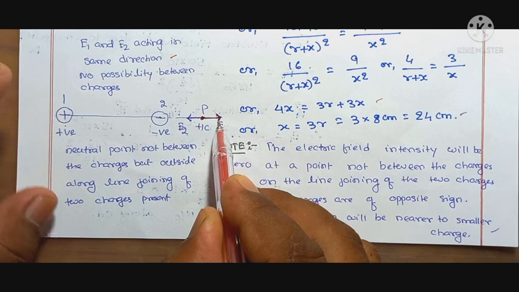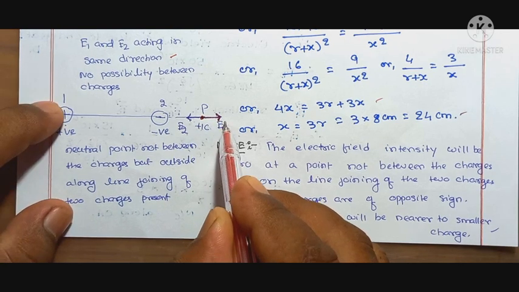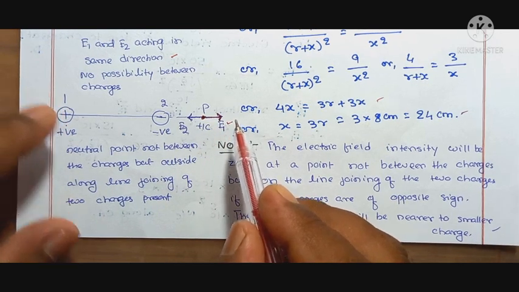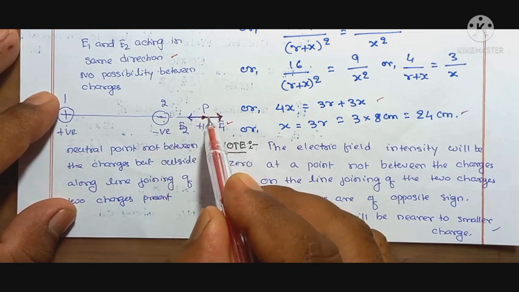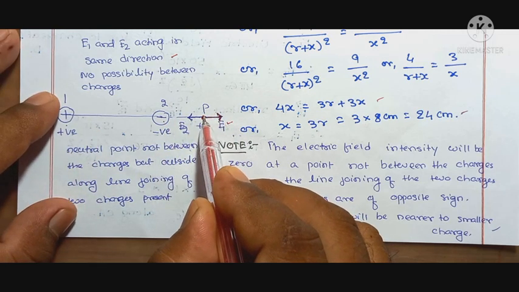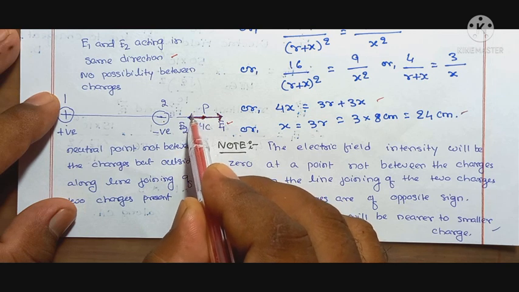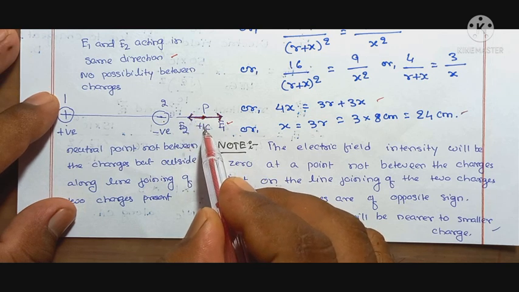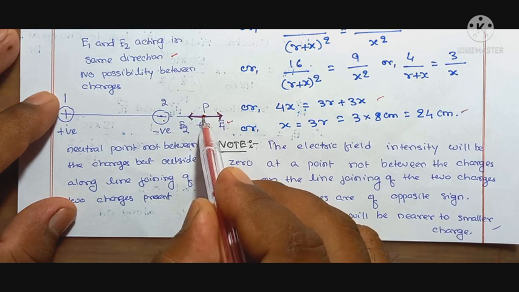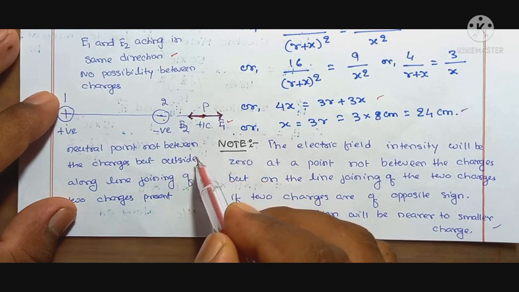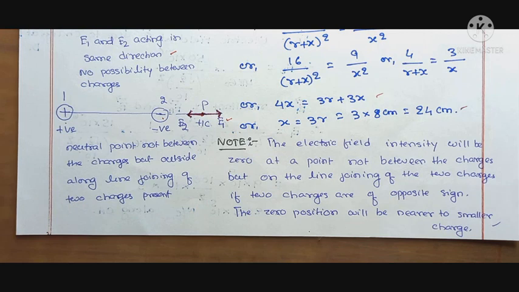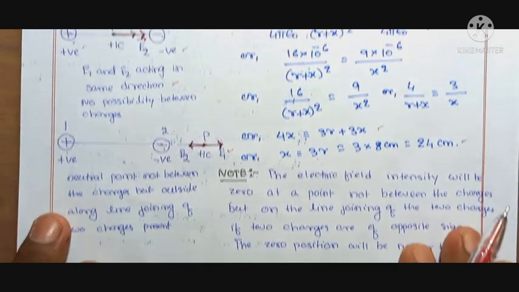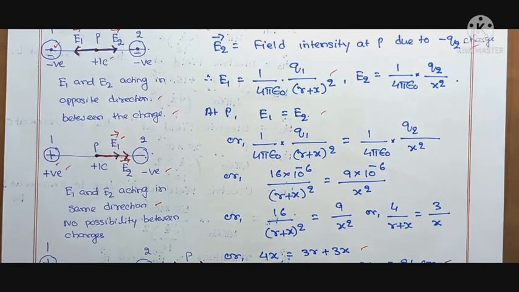So electric field intensity due to this positive charge E1 will be from left to right. This is negative charge, so this +1 coulomb charge will move towards this negative charge. Then electric field intensity due to these charges is E2 towards this direction. So the neutral point is not between the charges but outside along the line joining of the two charges. ठीक है, this is the fundamental.